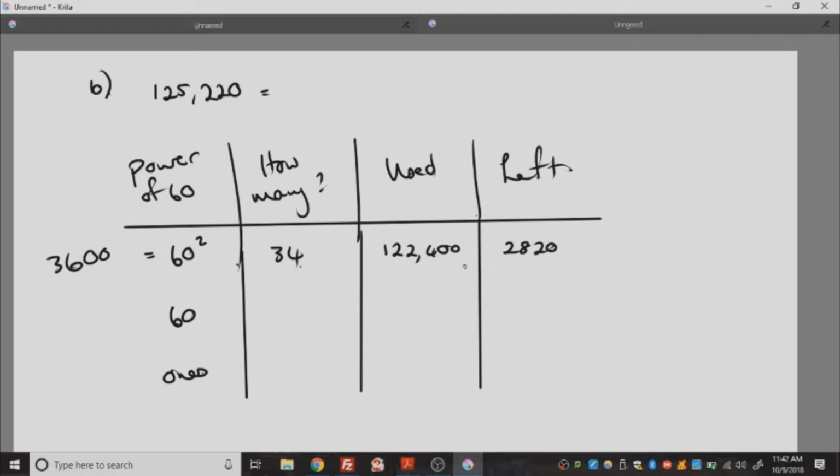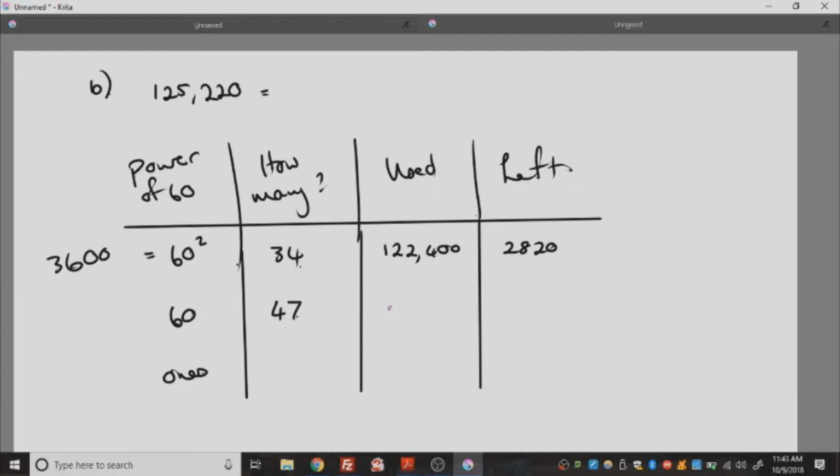And I can see that's smaller than 3600, so I couldn't have fit in more. Then how many 60s can go in there? Ooh, quite a bit. Into what's left? 40 something? 47? 60 times 47 is what I've used.